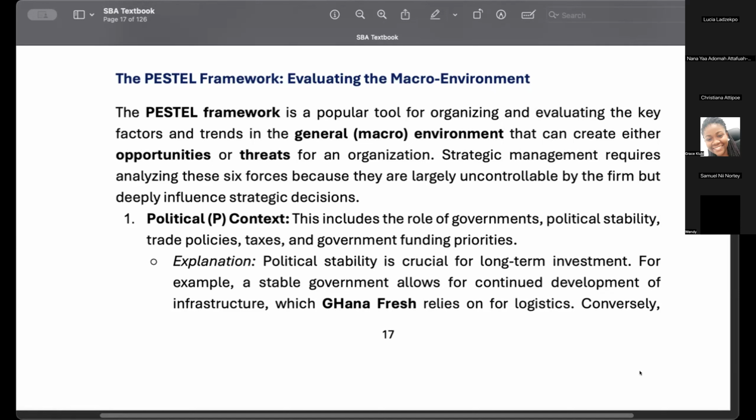For example, a stable government allows continued development of infrastructure, which means that road infrastructure will be built, and when the infrastructure is built, the cost of moving produce from the eastern region to maybe the western region, or from the Greater Accra region to the harbor to export to the UK and other parts of Europe, will be cheaper. But when there's no stability, that means we may even need a police or military convoy to be able to just move your produce if you still want to operate in such an era.